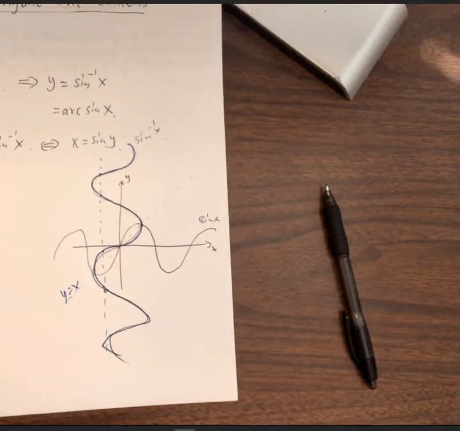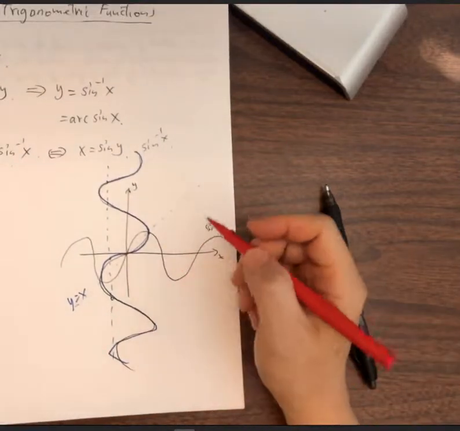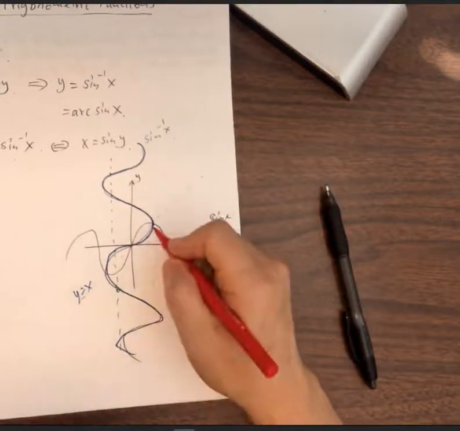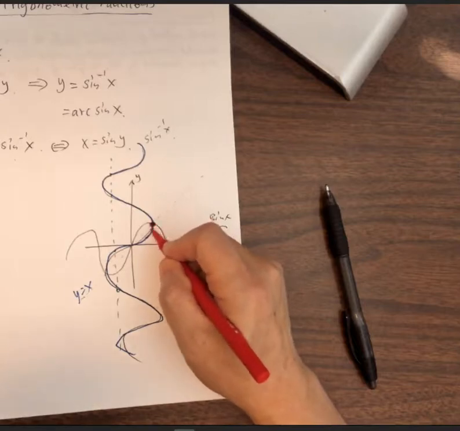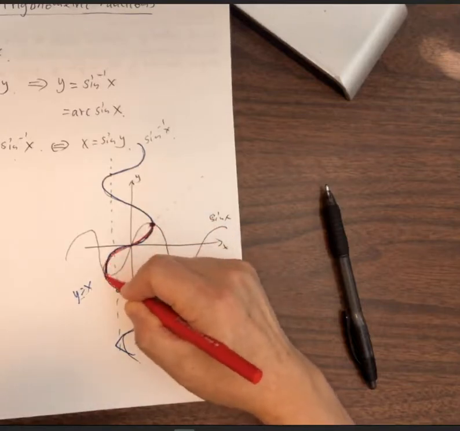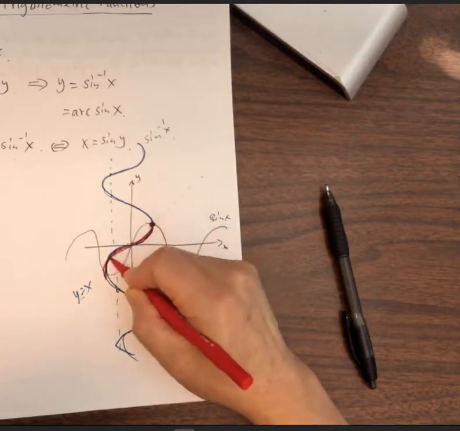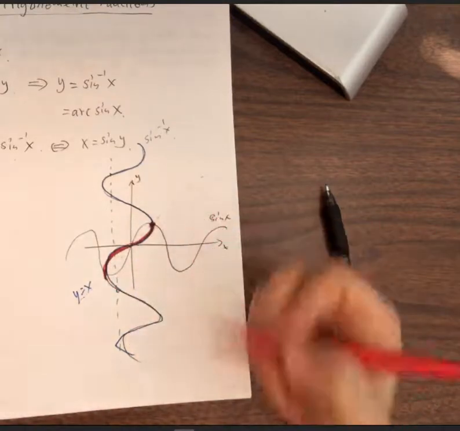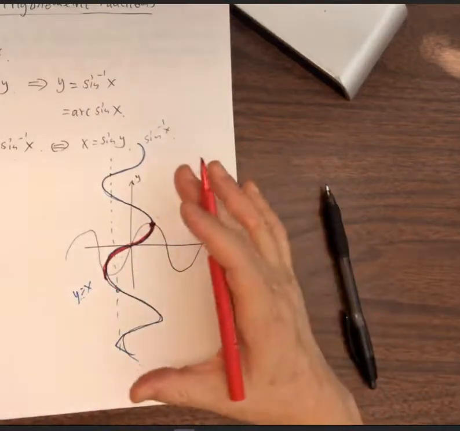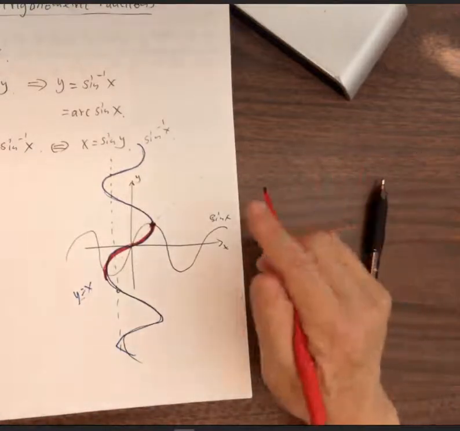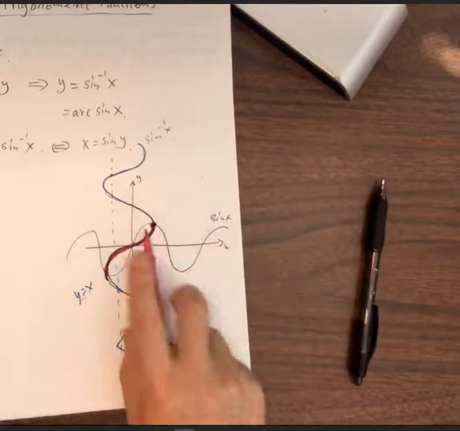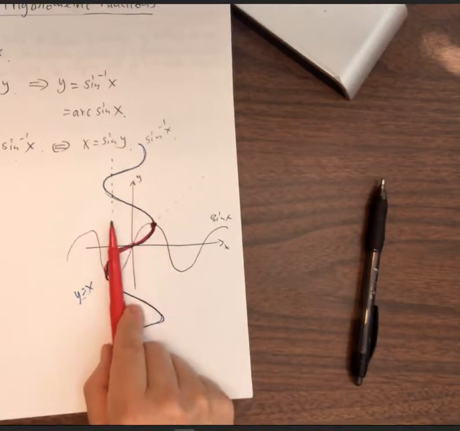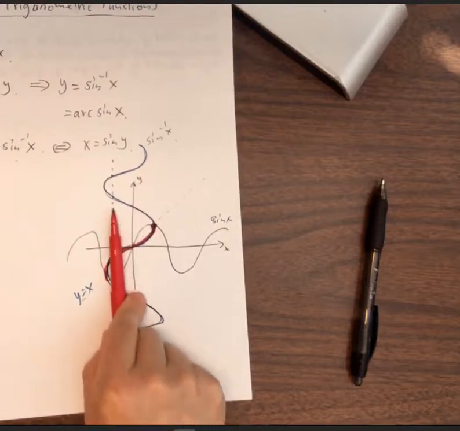What we do, in trigonometry, is only take this section as the graph of inverse sine. Now this time we have no problem whatsoever. Anywhere we draw a vertical line, do the vertical line test, the most we hit is one point on the red curve, or we hit no point.